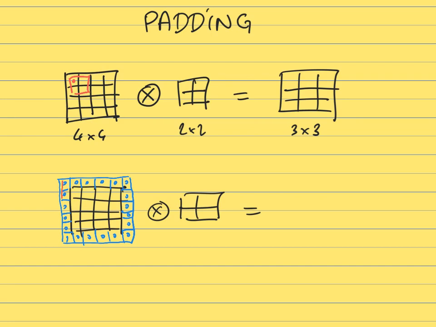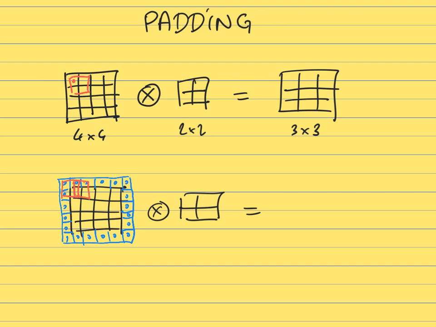So this pixel will have exactly the same weight as a pixel in the middle. So now you will have more weight on the edges, and it also avoids the shrinking of the image, because now you will be able to put a first filter here.